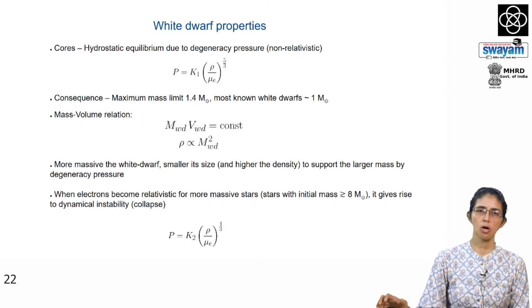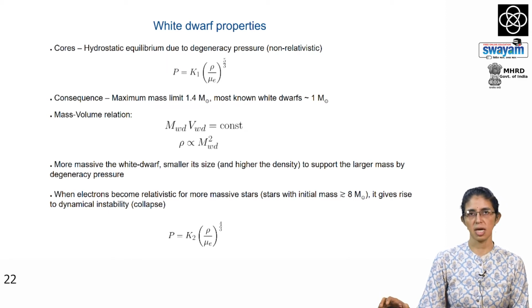One consequence of this non-relativistic degeneracy pressure is that there is a maximum mass to which the white dwarf can be supported, and this has been found to be 1.4 solar masses. If the mass of the white dwarf exceeds 1.4 solar masses, then the electrons become relativistic. They are degenerate but become relativistic. However, this kind of matter is highly unstable and it undergoes collapse.